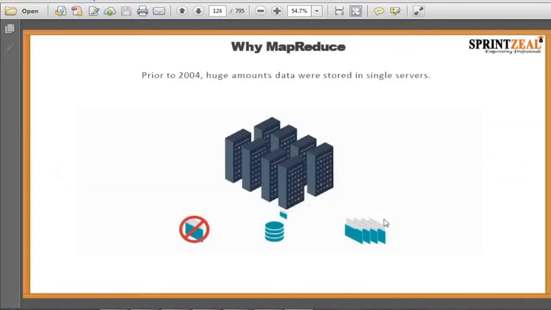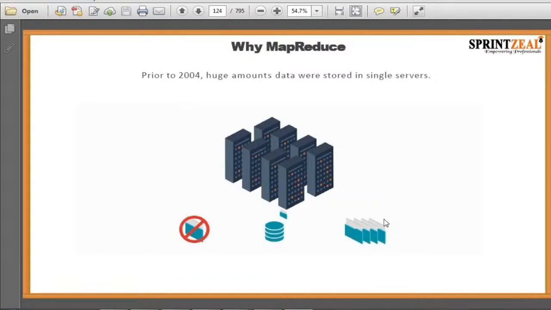So if we have to understand what the need was for MapReduce coming: before 2004, the only way to process a large amount of data was using some very high-end server, and any high-end server is definitely very expensive, and there is a limit to which you can scale.